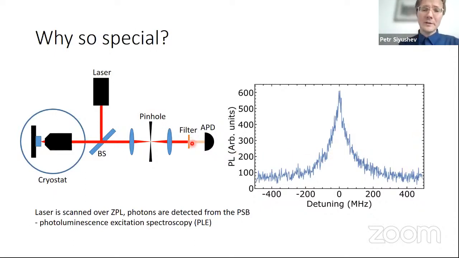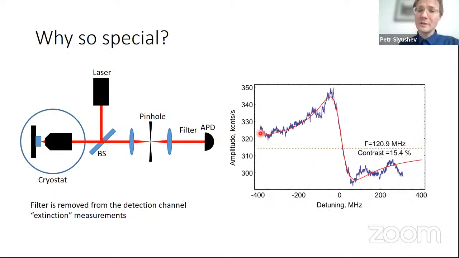However, we can do a different thing. We can remove this filter and let the laser light, together with the light scattered by the defect, impinge on the avalanche photodiode. And then we would see a slightly different signal. So you see, first of all, that this has a dispersive shape.